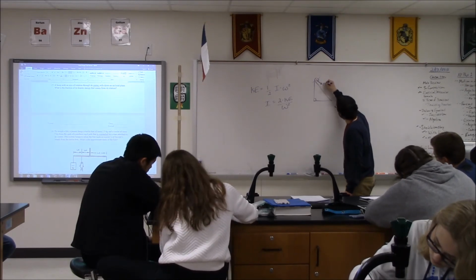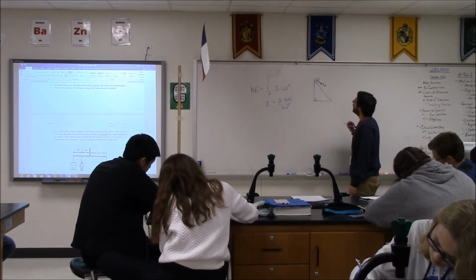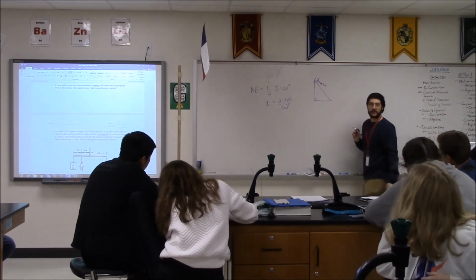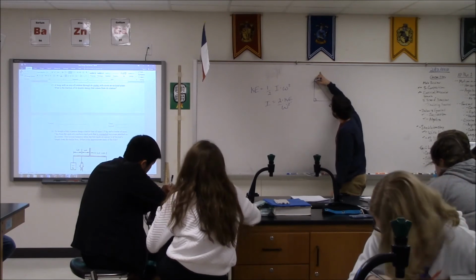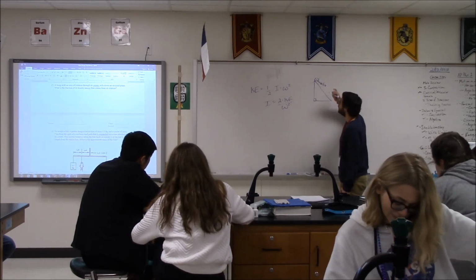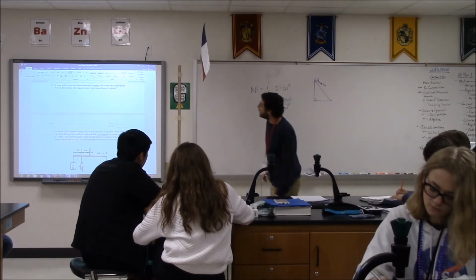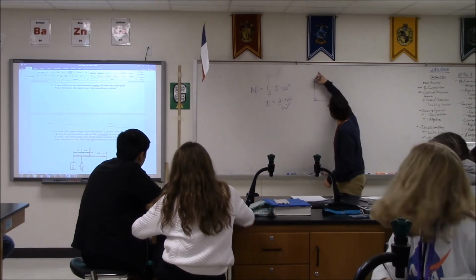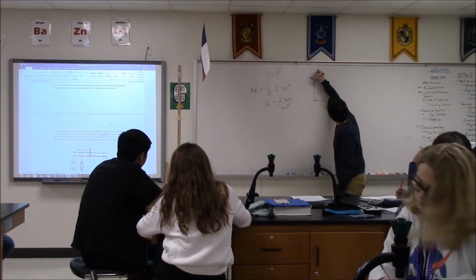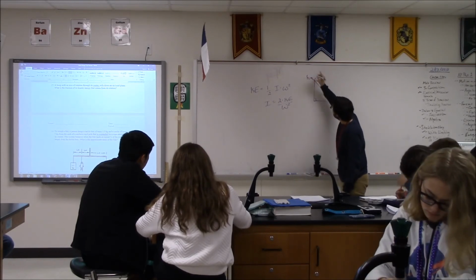There's a force down the plane that acts on the center of mass of the hoop, and the hoop touches the inclined plane, and it says that it rolls down, which means that we would have static friction here.